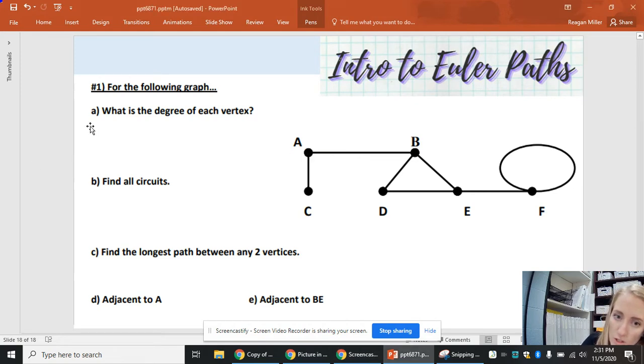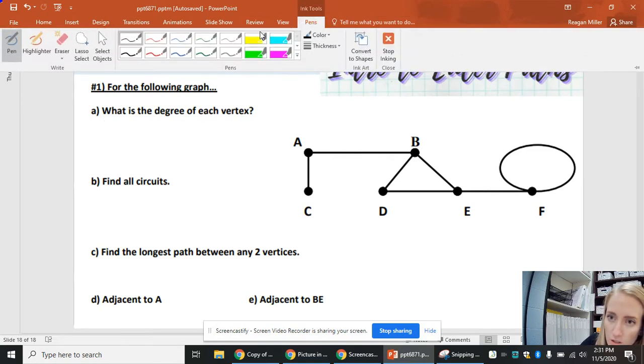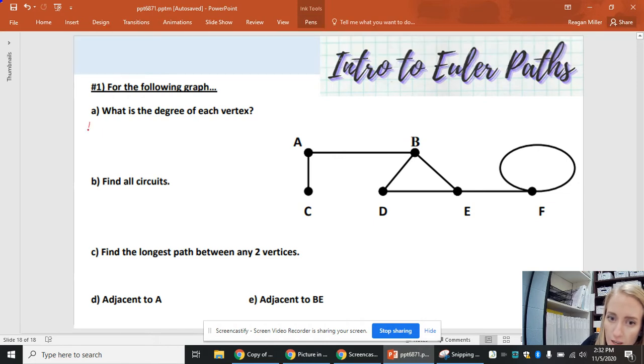Okay, so let's start with A, and my pen isn't writing. I'll write a different color. So for A, if we look right here, you've got 1, 2 lines going out of A. So if you were with us in class or paid attention in Zoom, a lot of times Mr. Dietz would write a 2 and he'd kind of circle that there. So we can put a 2.